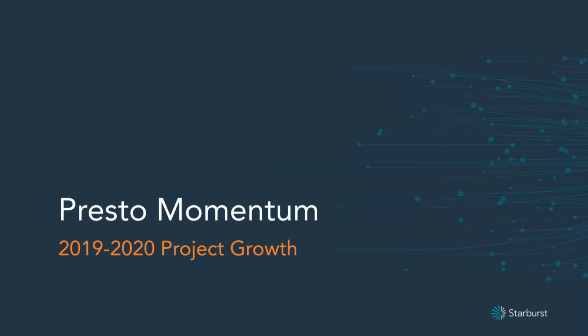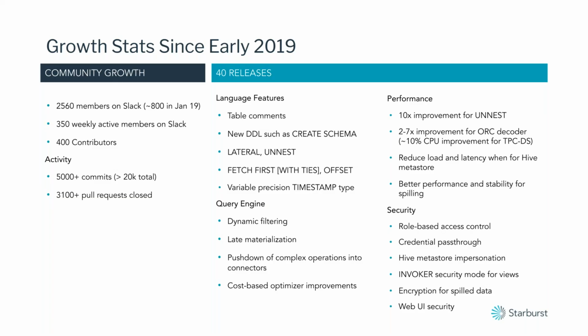Let's do a recap of some of the things that happened over the last year and a half in terms of community and features. We have seen tremendous growth in the community. Right now, as of today, we have almost 2,600 people on the Slack channel.